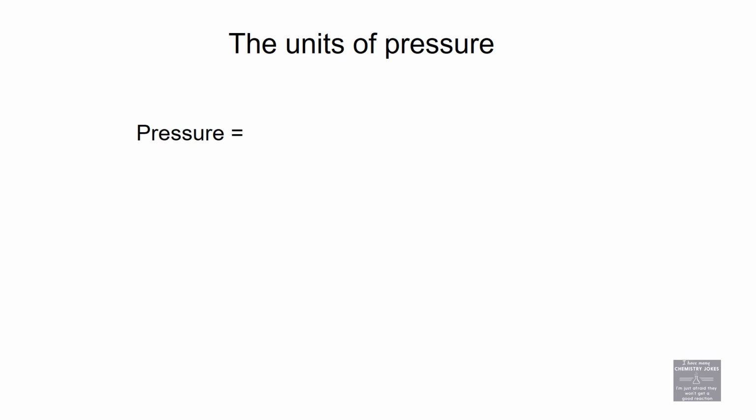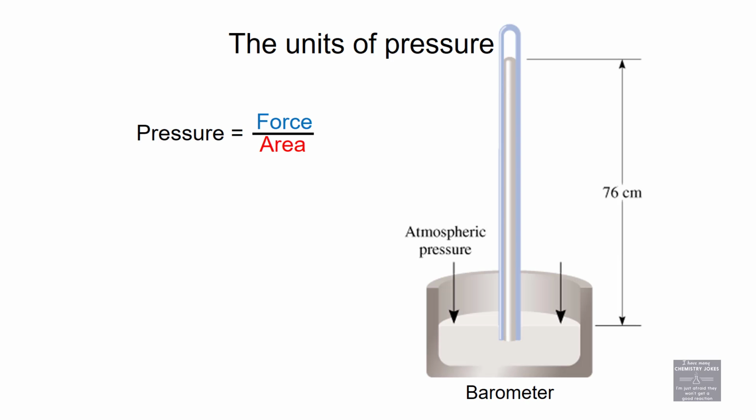So pressure, if we take you back to physics for one quick second, pressure is a measure of force over area. So in this barometer, you may have heard of a barometer before, atmospheric pressure, the gases in the atmosphere put pressure on this pool of mercury, and this pool of mercury rises up this little tube. And depending on how much that mercury rises in the tube, that tells us what the atmospheric pressure is.